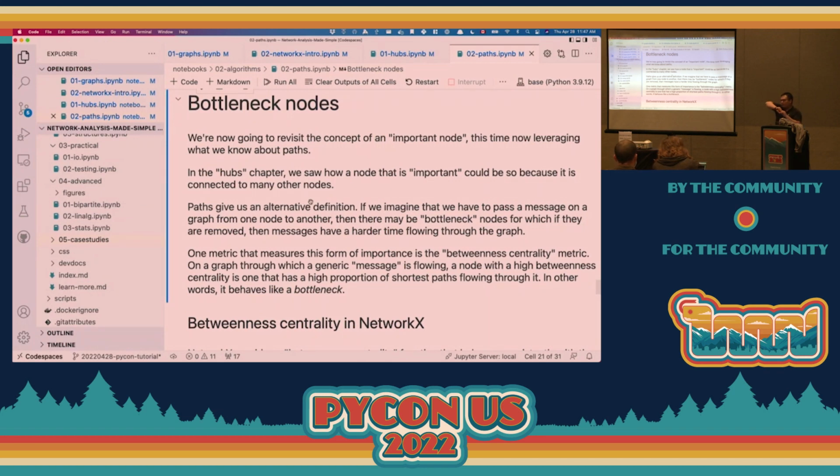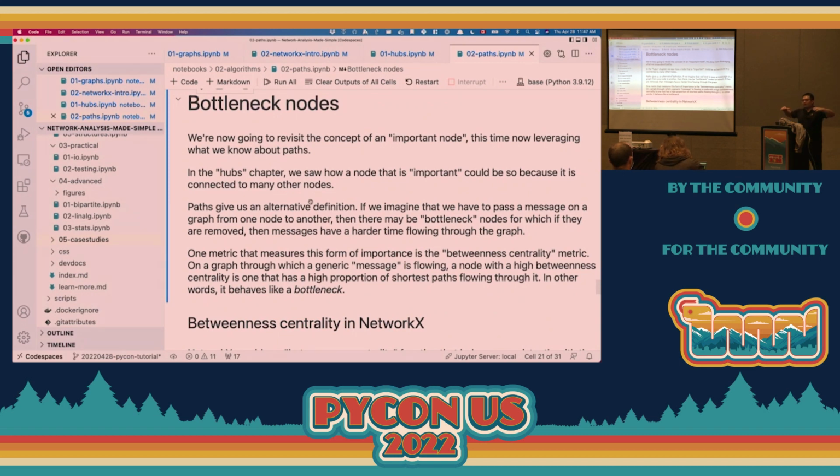Well, not only are paths important for routing, but also paths through a graph can lead us to this next very important concept, which is this idea of bottleneck nodes. If you have information flowing on a graph, let me step back a little bit. We were talking in the last notebook about nodes that are important because of the edges that exist between them and their neighbors.